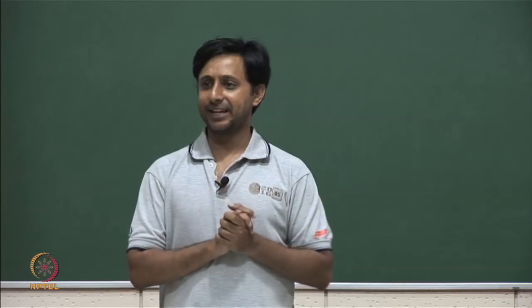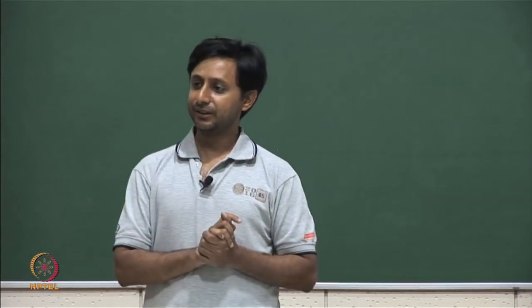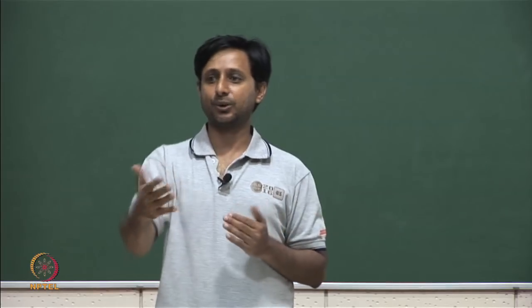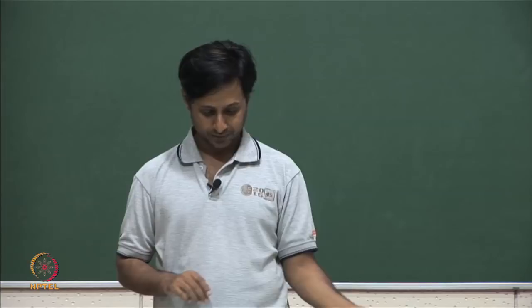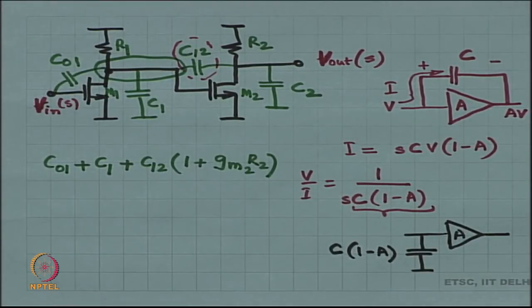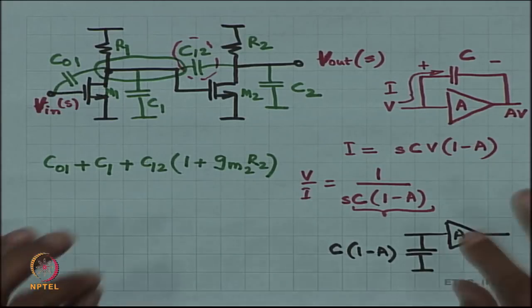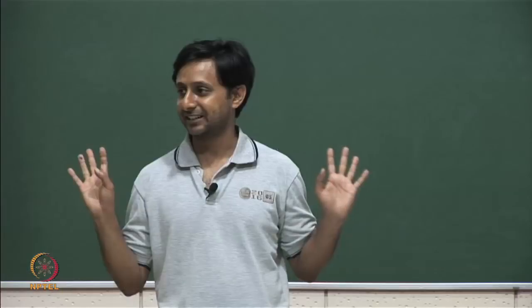You have designed some A naught already, you do not want to change it, you only now want to tweak the phase margin, adjust it to your requirement. Okay, this is the situation. So, my amplifier is ready. I just want to adjust the location of the two poles such that the ratio of the two poles is what I desire.